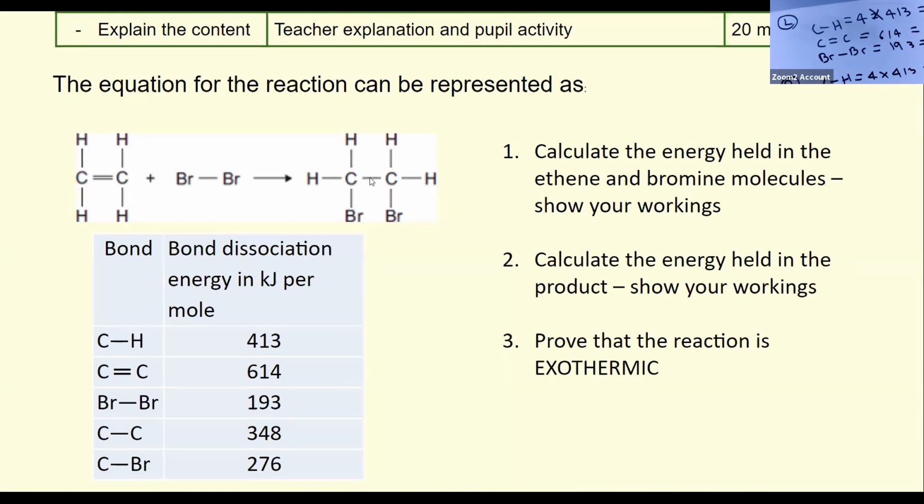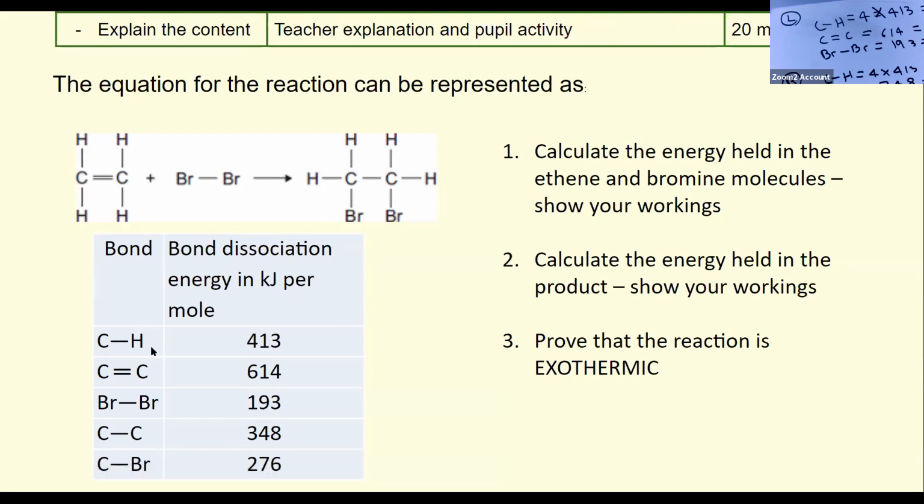So that's carbon to carbon, 348, like so. And lastly, I've got carbon to bromine, and I can count that I've got 2 of those. So carbon to bromine, 2 times, and my screen is cutting that off. I can't see the number.